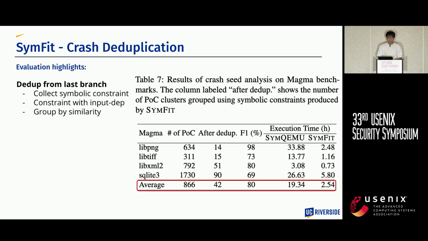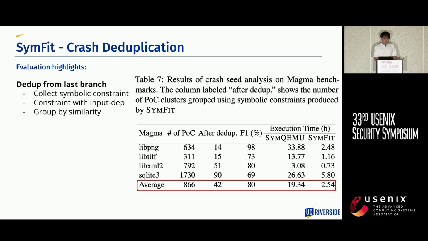Also, I want to show a unique application of using the symbolic constraints for crash deduplication. We ran our tool on the Magma benchmarks, and we collected the symbolic constraints from the last branch before the crashing site.